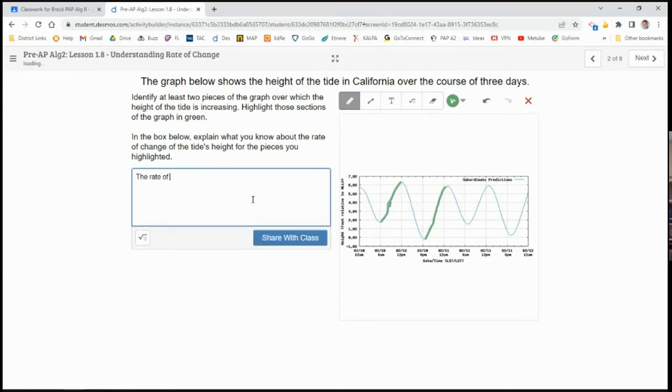The rate of change is positive. I know that. And increasing. Actually, towards the top of that, the rate of change is decreasing. But certainly I could say the average rate of change is positive and increasing.